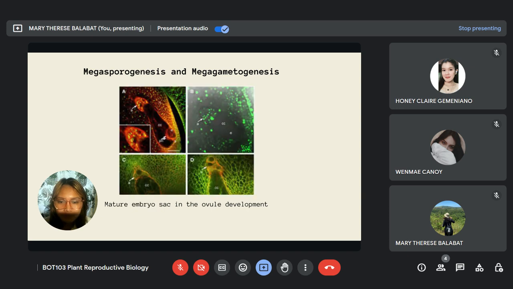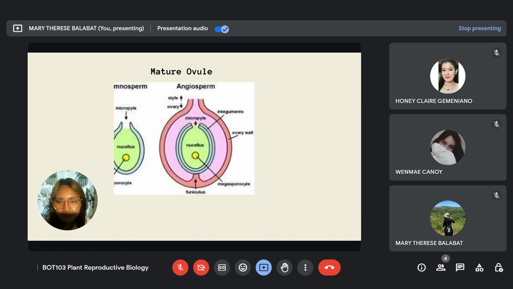The remaining megaspore undergoes mitosis several times, forming the female gametophyte, also known as the embryo sac. Then the embryo sac contains seven cells: the egg cell, the two synergids, two polar nuclei, and the three antipodal cells.